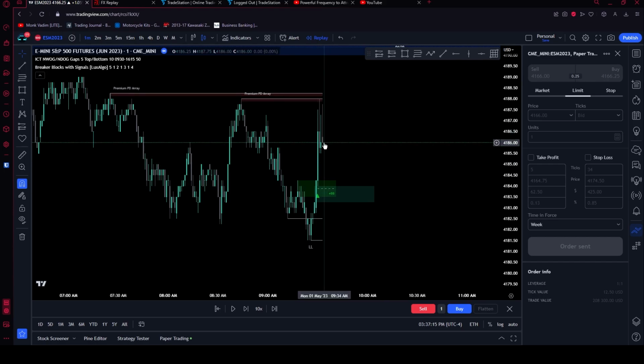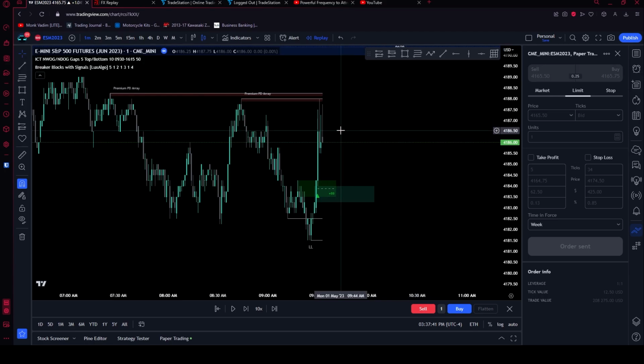is until I get better, so maybe this is just a for now preference, until I get better at identifying what the raid on liquidity is versus the market structure shift. This one looks pretty obvious to me. It's raiding this last low again and then shifting up. So coming down and bouncing and continuing on up to this new week opening gap maybe seems more logical. Sometimes it's not that easy.